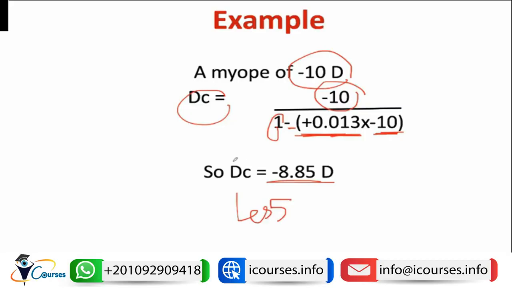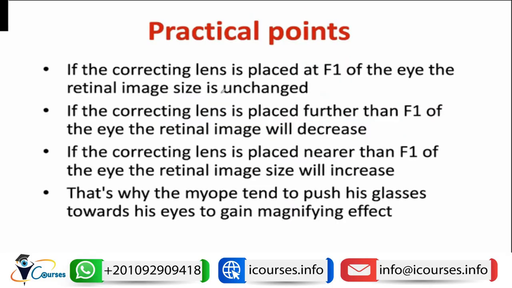So in case of contact lens correction of myopia, the power is less than the power of the spectacle. If the correcting lens is placed at the F1 of the eye, the retinal image size is unchanged. This has been repeated more than once.